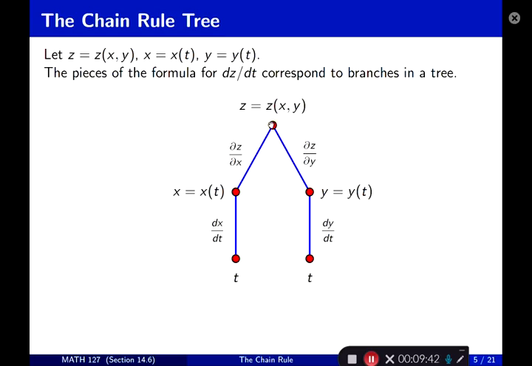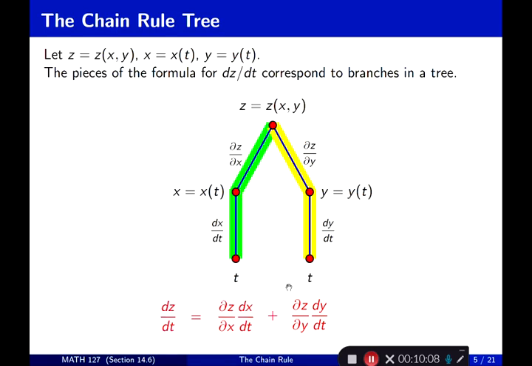Then here, partial of z with respect to y, and the derivative of y with respect to t. And so you multiply along one branch and add it to the multiplication along the other branch, and that gives you the derivative of the top variable with respect to the bottom variable.